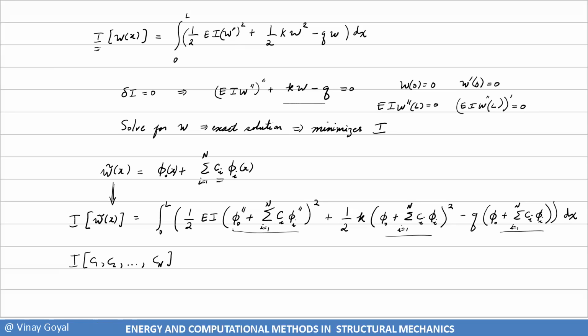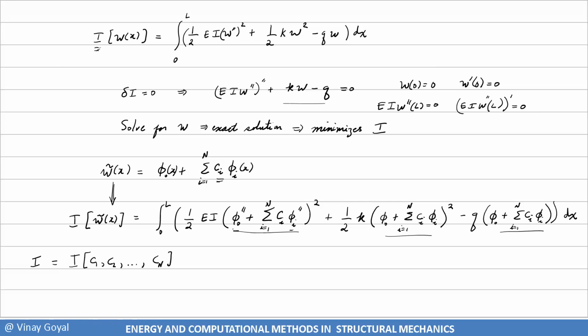Clearly does, because these phi i's are known in advance. There could be sine, cosine functions. They're given to you. So then the only unknowns are really C1, C2, C3, up to Cn. So therefore, now my functional I became just a regular function from calculus. Function I just became a function of C1, C2, up to Cn.